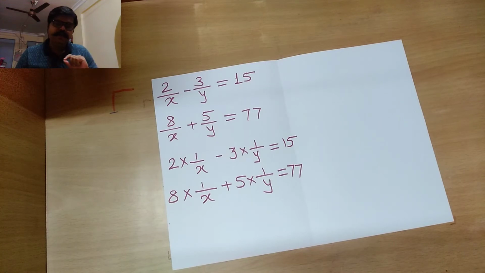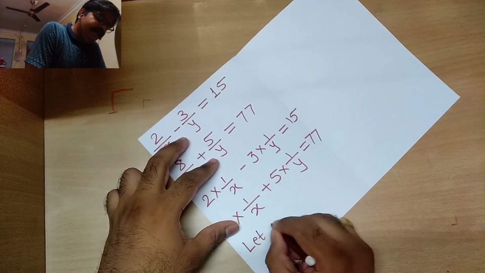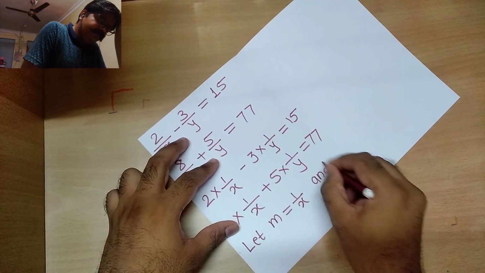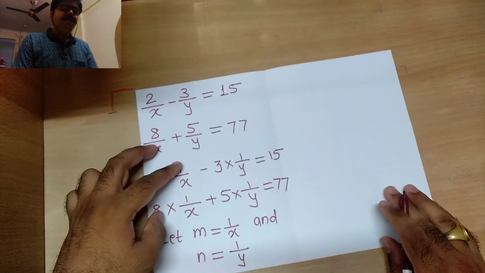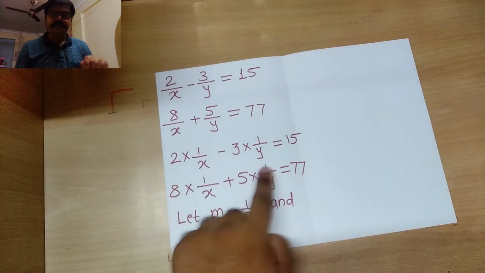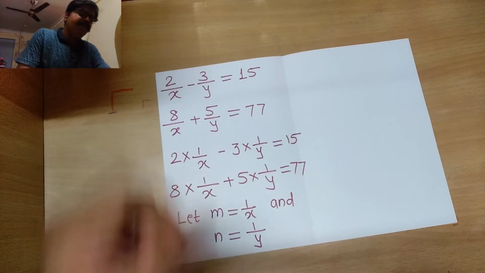So what I am going to do over here is assume some variable in place of 1 upon x. Therefore, let us say m is equal to 1 upon x and n be equal to 1 upon y. Once you have these two things, we are going to substitute these new variables m and n in here. Therefore, let us see exactly how these equations are going to be transformed.